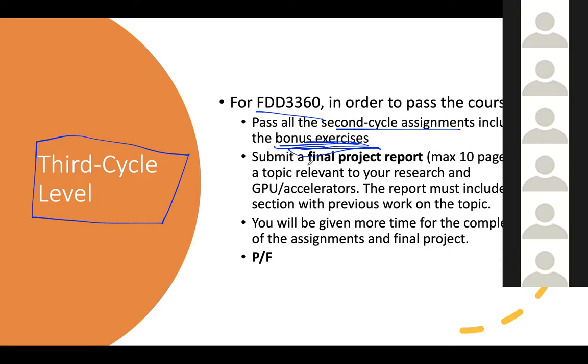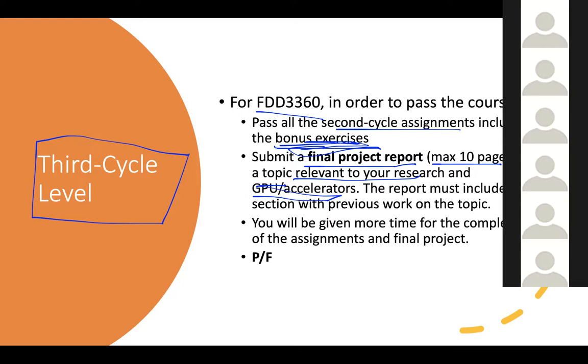Also, you will need a final project report that is a little bit larger, on a topic that is relevant to your research. So if for your PhD research you're doing research about computational fluid dynamics or image processing, the topic should be relevant to what you're doing, and it should include a GPU part, so how you use GPUs in your research.